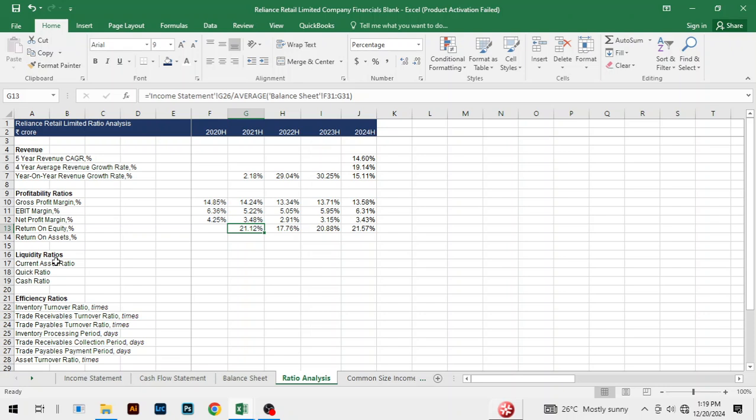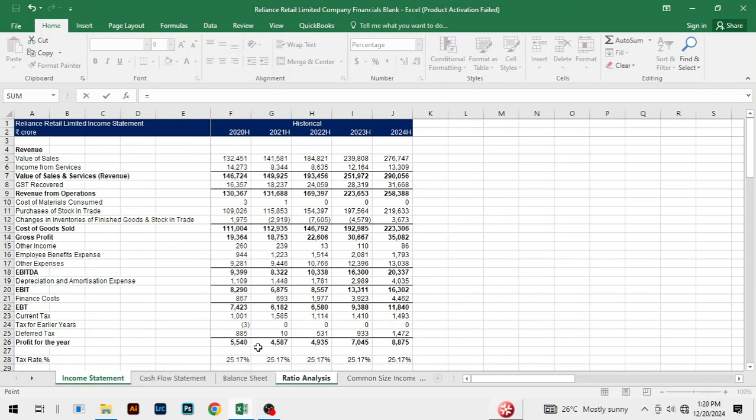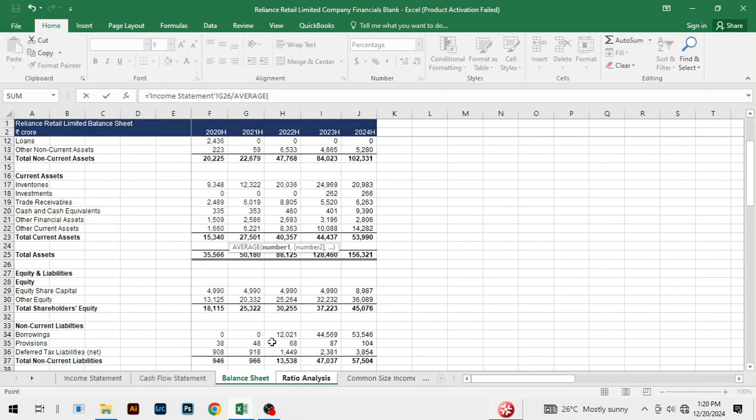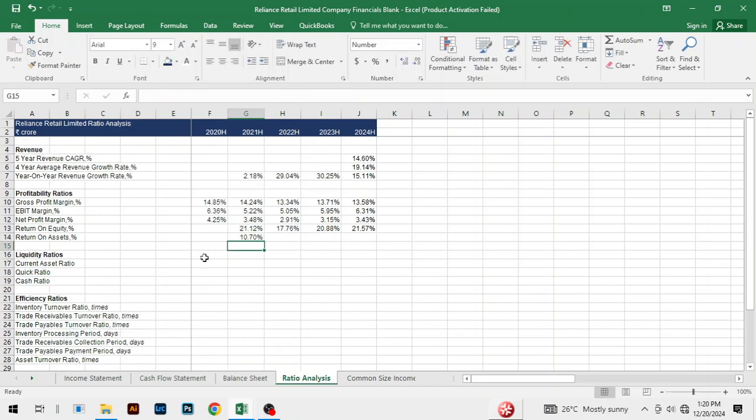So now let's look at the return on assets. The return on assets ratio shows us how much the company is generating in net income per dollar of asset, right? So let's compute that. We divide net profit by average total assets. So let's go back to the income statement. We pick here and then the average figure here, and then we come back and take the average of total assets, right?